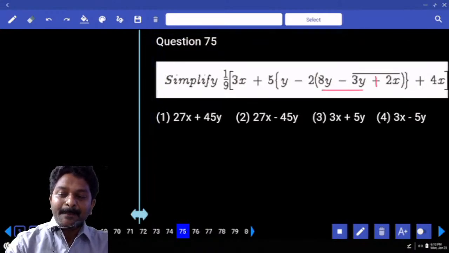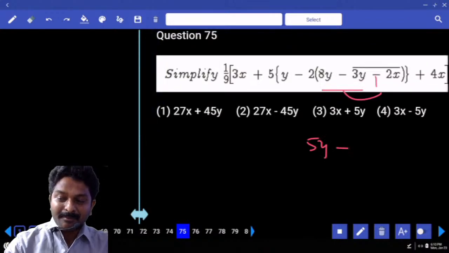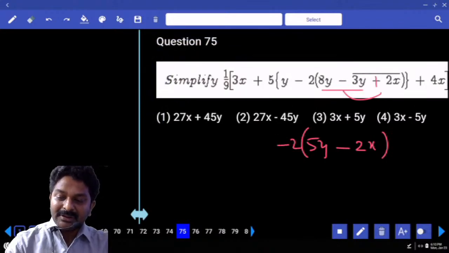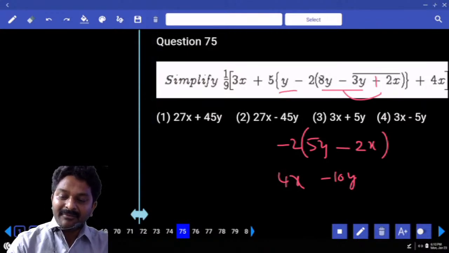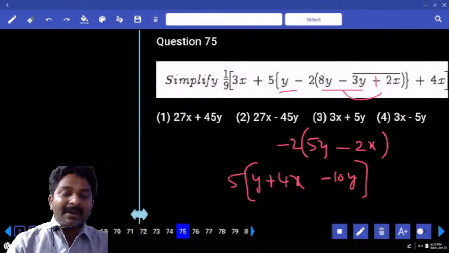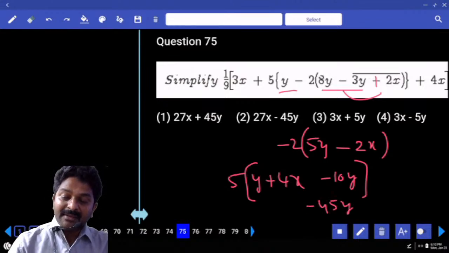8y minus 3y, 5y. Minus of plus minus 2x. And outside the bracket we have minus 2. That means this is minus 10y plus 4x. And then we have y plus. How much is this? Outside we have 5. y minus 10y, minus 9y. Minus 9y into 5, minus 45y. 5 into 4x, 20x.